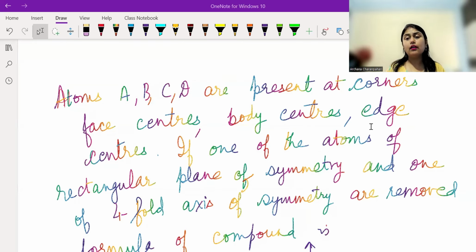I have been given atoms A, B, C, D. For example, this is a cube.